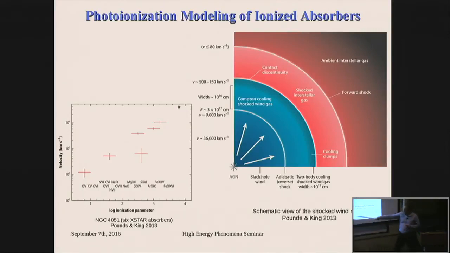As you see, there is a linear correlation between the ionization parameter and outflow velocity. When the ionization parameter is low, the outflow velocity is very low, and where the ionization parameter is high, usually on iron, the outflow velocity reaches 10,000 kilometers per second.